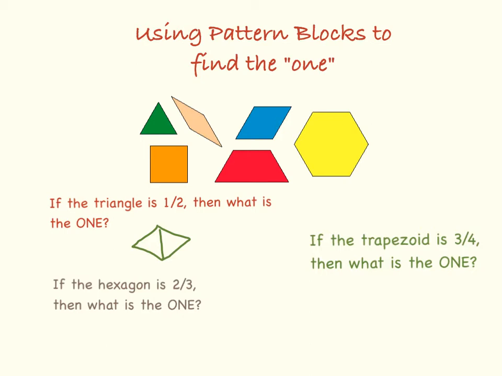Okay, if we look at the problem in green, if the trapezoid is 3/4, then what is the one? Trapezoid is 3/4. So that means we would add another triangle on that trapezoid, right?